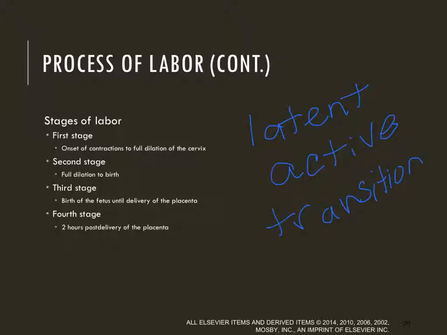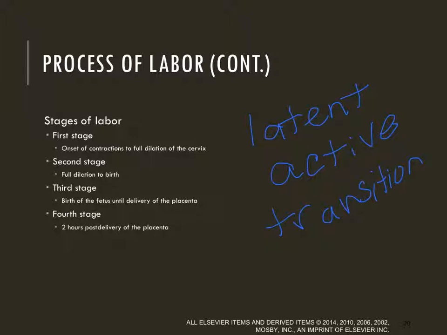During the active pushing phase, the woman has the strong urge to bear down as the presenting part of the baby starts to descend and presses on those receptors that stretch at the bottom of the pelvic floor. The third stage of labor lasts from the birth of the fetus until the placenta is delivered.